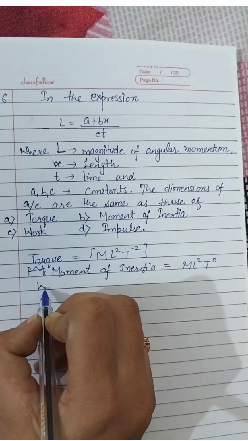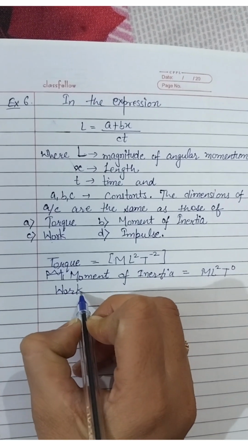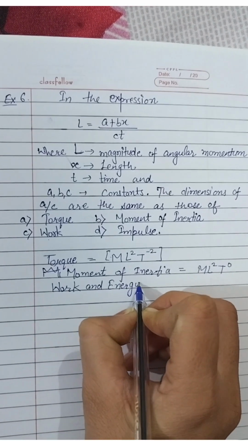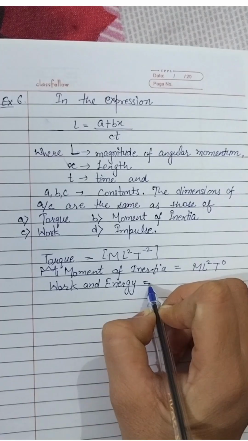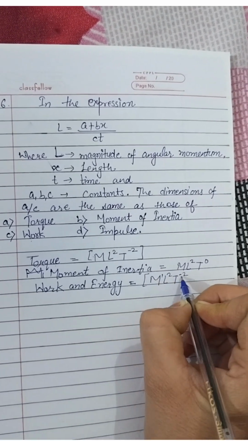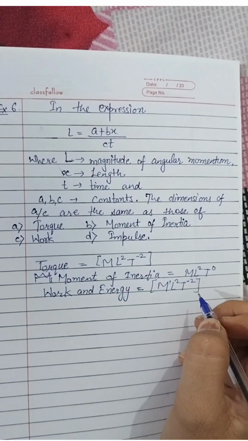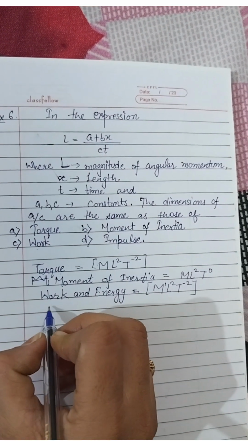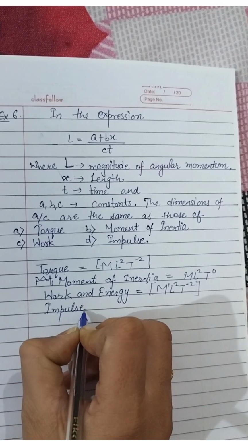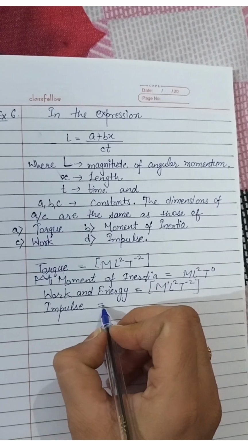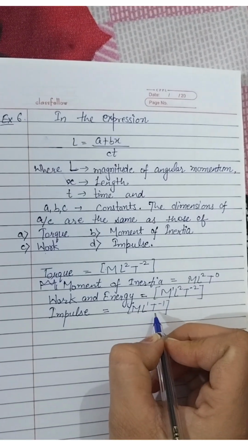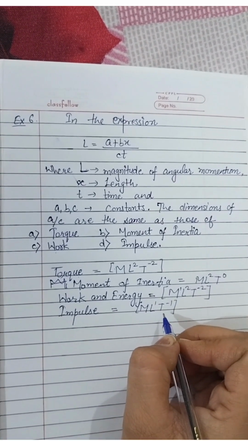The next one is work. As we know, work and energy have the same dimensional formula, and that is M1 L2 T minus 2. And the value of impulse is M L1 T minus 1.